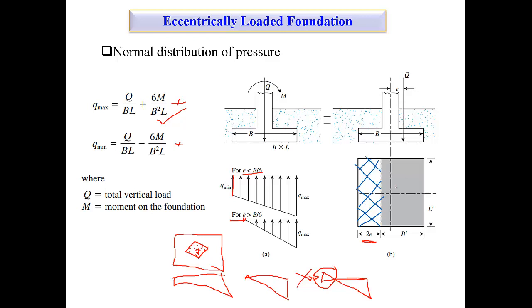So if the twice E distance is ineffective, this is the effective area, right? So this is B prime and L prime.